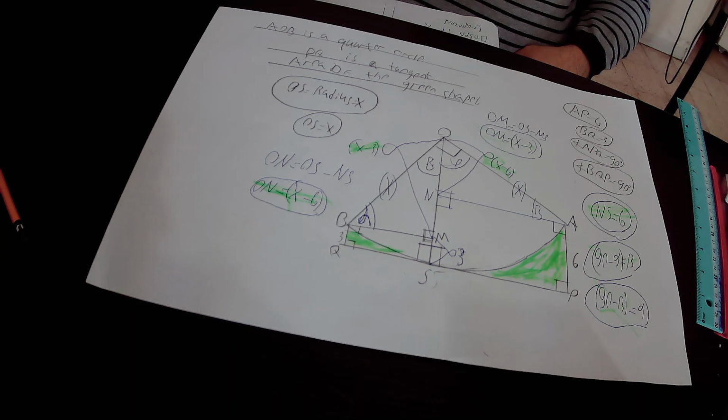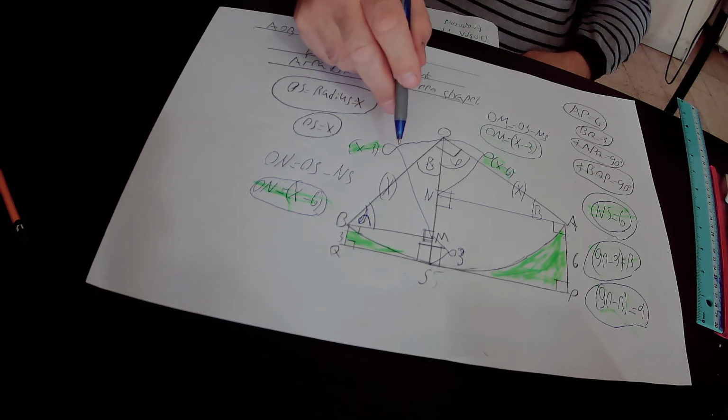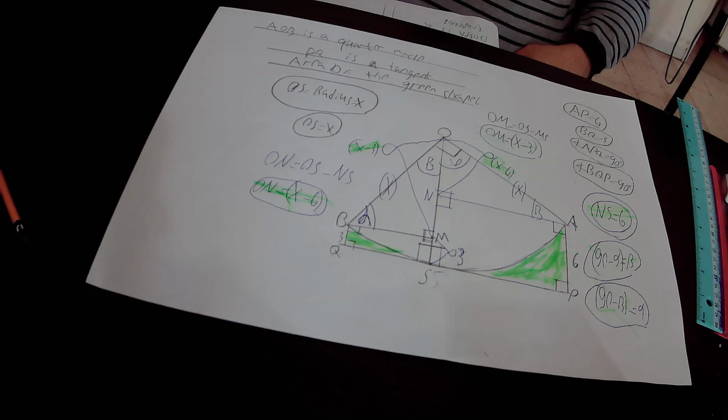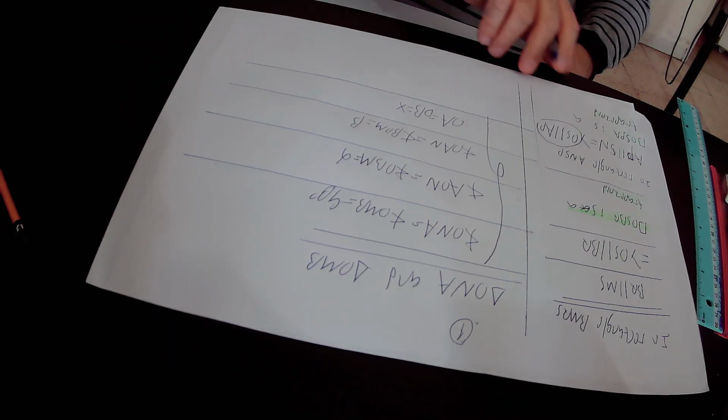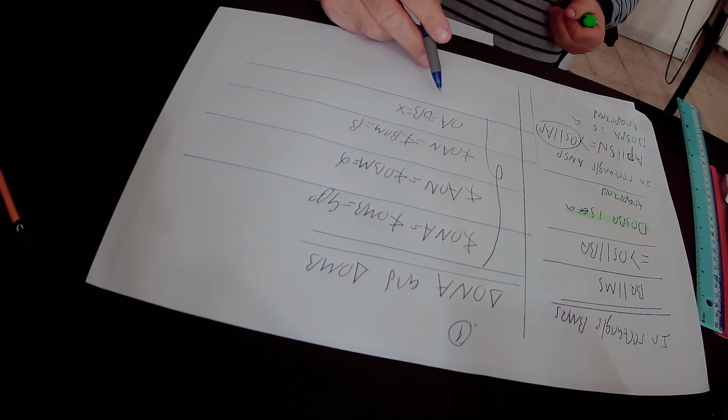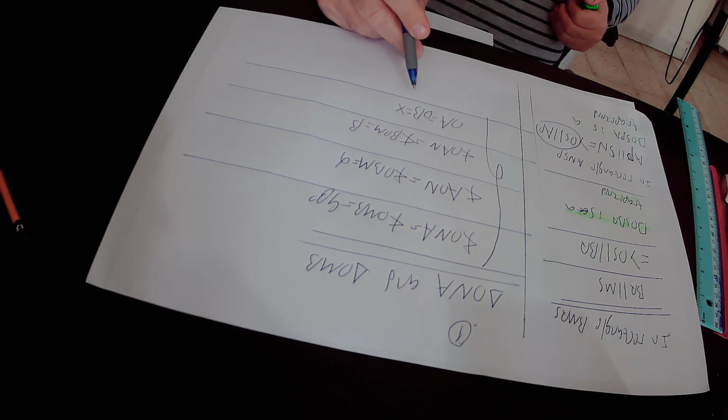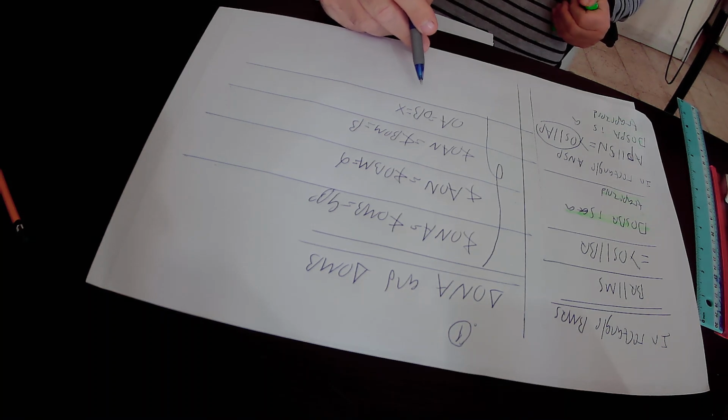They are both the radii of the circle, which is equal to x, therefore they are equal to each other. Repeat again: side OA in the right triangle ONA equals side OB in the right triangle OMB, as they are both radii of the circle equal to x.